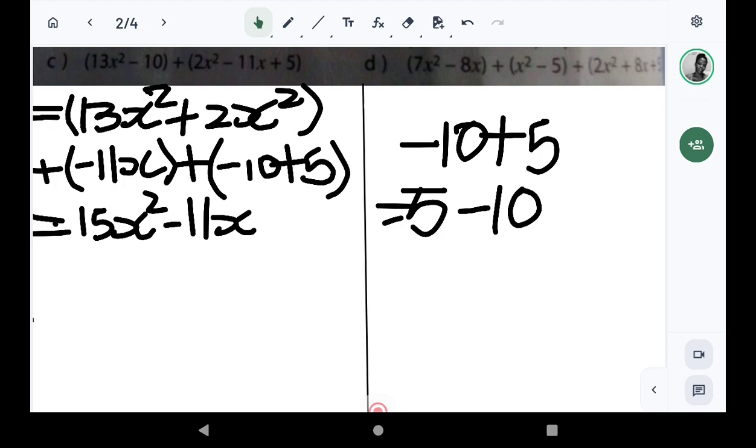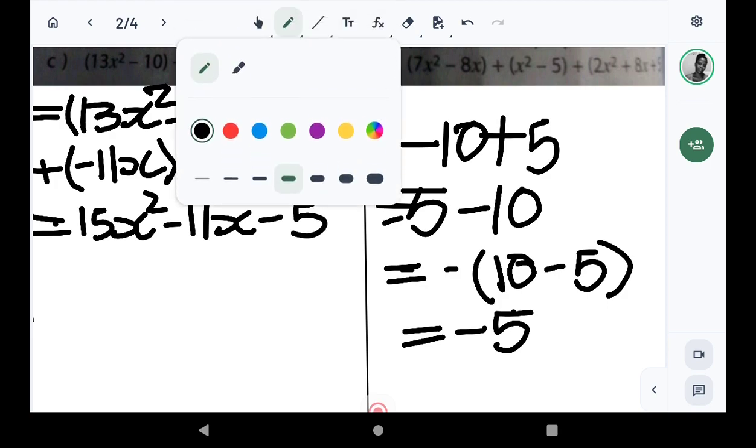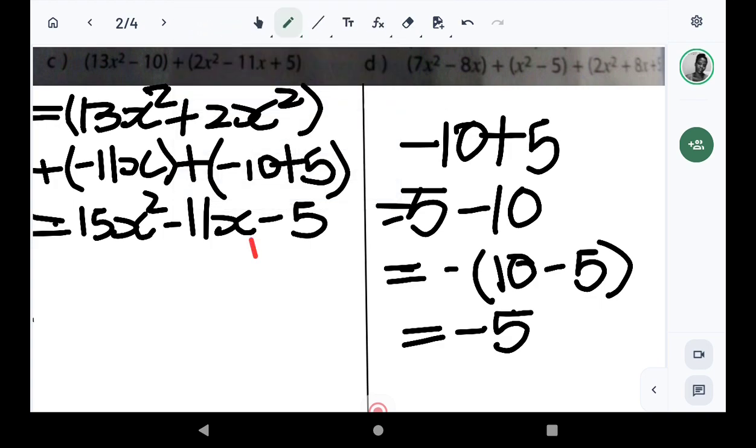You put a minus sign in front of it, and then you ask yourself, what is the difference between 10 and 5? 10 minus 5 is 5, and that is how you add your integers. So that will be minus 5 as your answer, and that is the answer to the question.